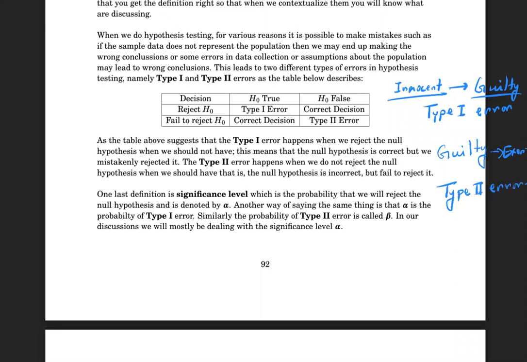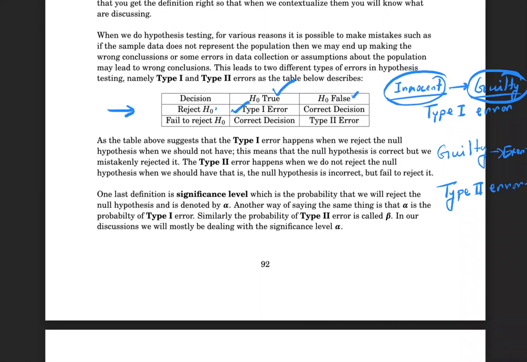And I created a table here. H naught is true, meaning the null hypothesis is true, meaning the person is innocent. But you reject the null hypothesis, meaning that you find the person guilty. So if you take an innocent person, but the justice system finds him or her guilty, then the error committed is type 1 error. On the other hand, H naught is false.